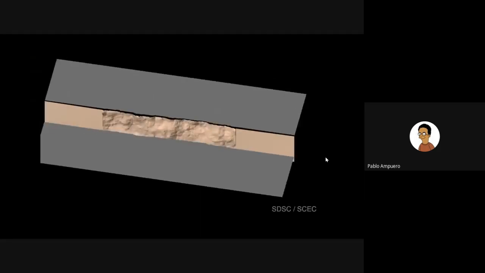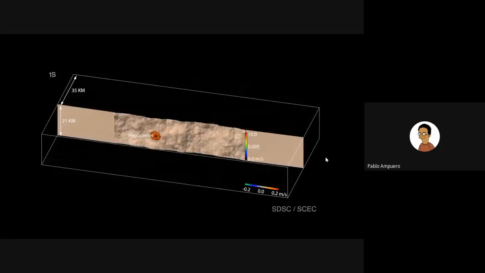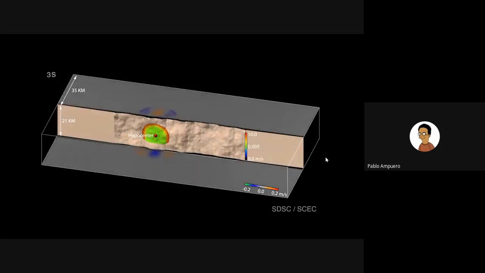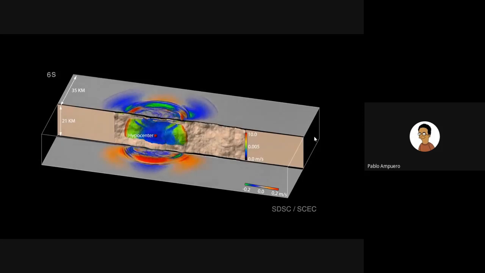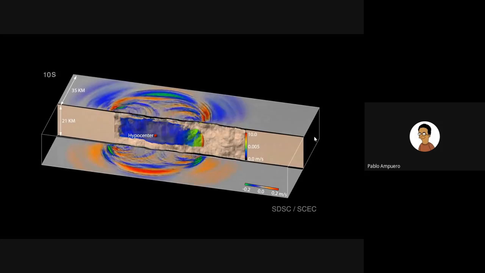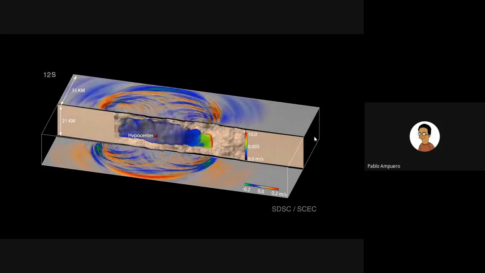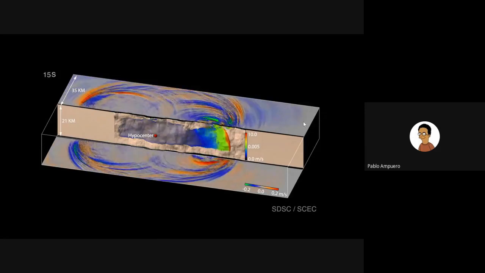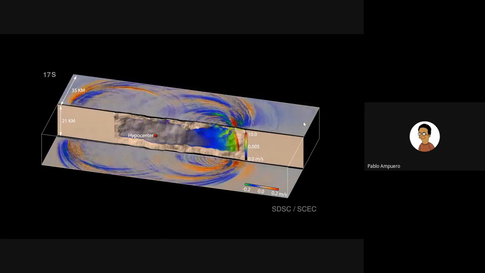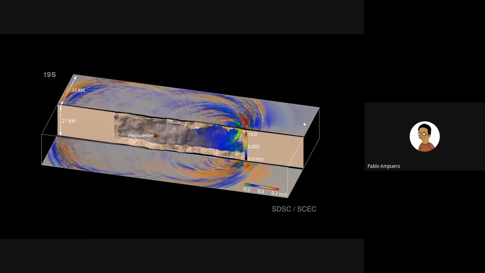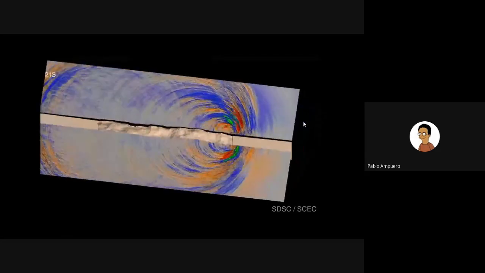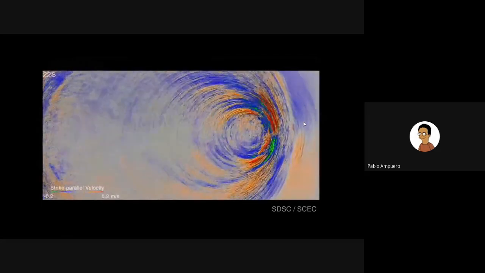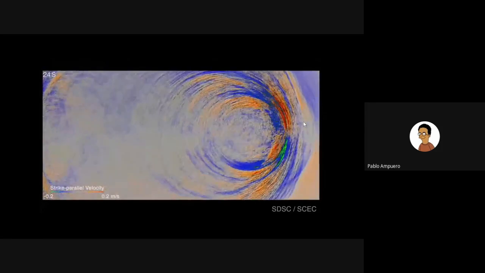Here's a movie that shows a dynamic rupture simulation. What you see here is a cross-section of the Earth, right? As if we had opened the Earth to see inside a fault what is happening during an earthquake. From the hypocenter, there's a slip that starts to propagate across the fault. The leading edge of that slip area is what we call the rupture front.